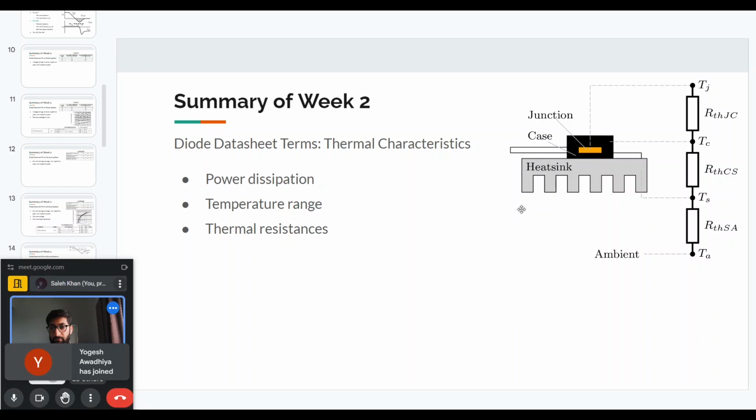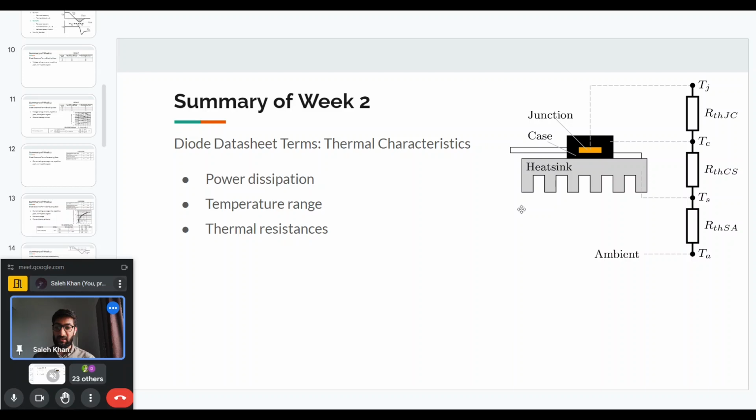Next, we come to the thermal characteristics, and this is very important for diodes as well as other devices like MOSFETs and IGBTs. You actually need a slight background to understand this.